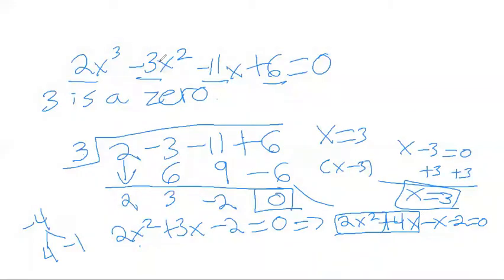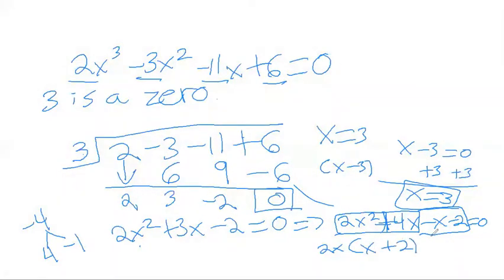So now I'm going to factor by grouping. I have my one group here, and I have my other group right here, which is -x minus 2.